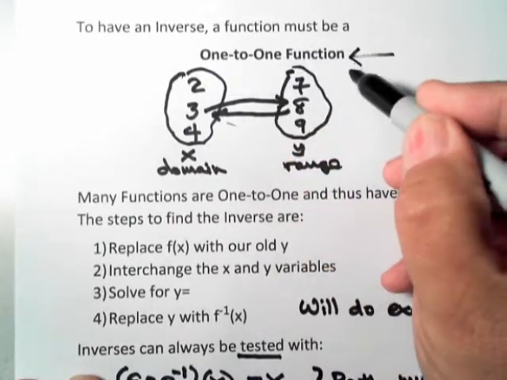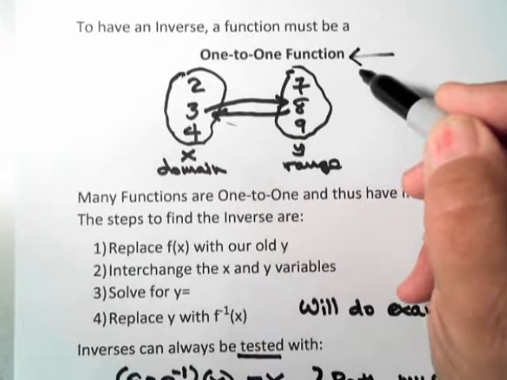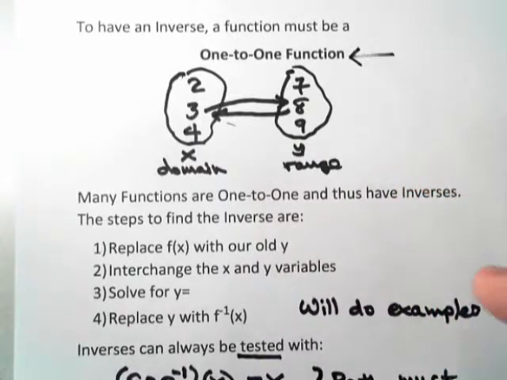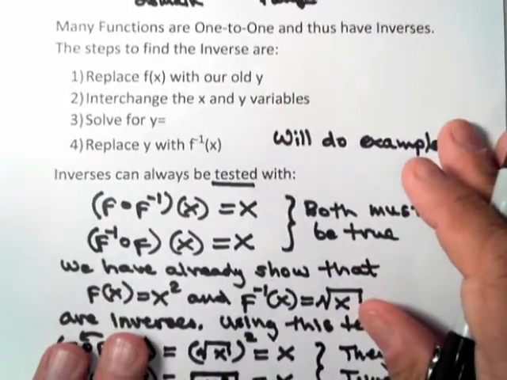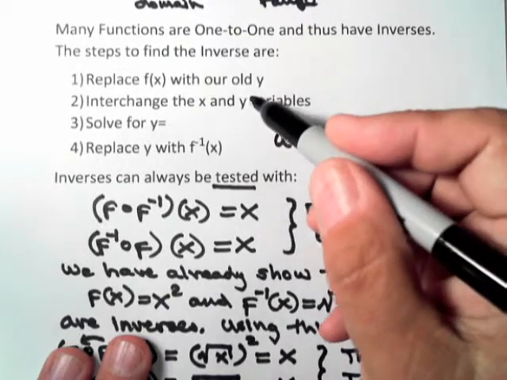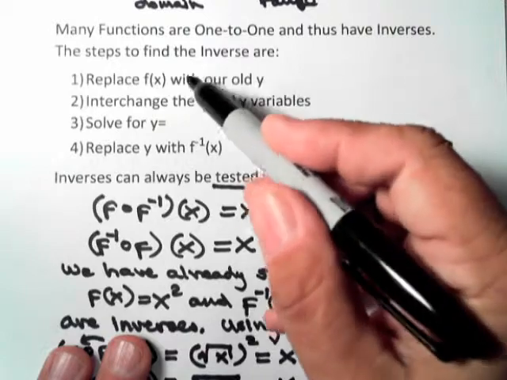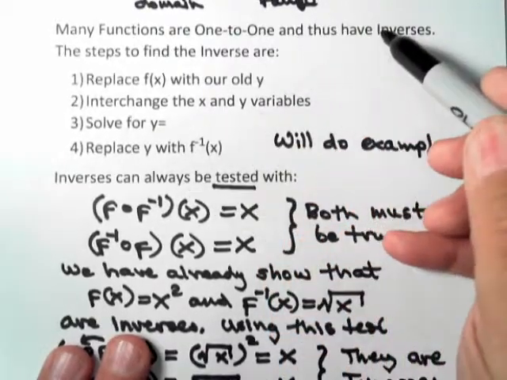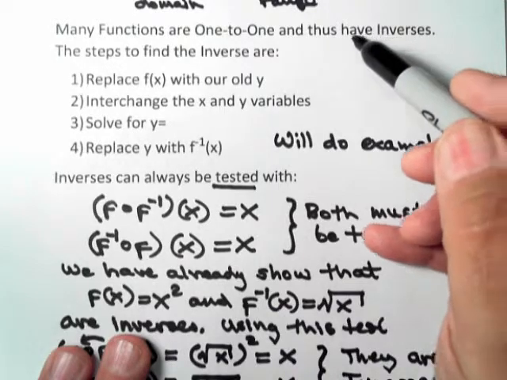Well, if you have a one-to-one function, then you're able to come up with the inverse of it. Now, many functions are indeed one-to-one, and in some of the homework examples we'll be doing for you shortly here, we'll be going through these steps to show you how to come up with the function and its inverse.